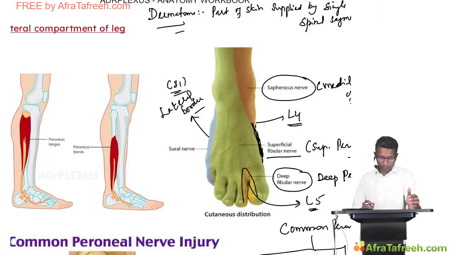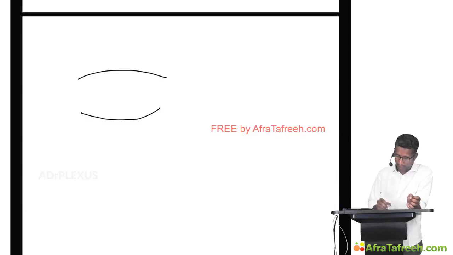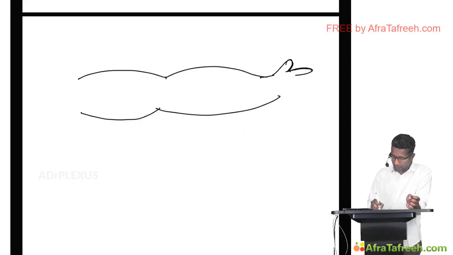If you want to add a few things on the dermatome, take the hand region. Let us consider this is the arm, this is the forearm, this is the thumb, index finger, middle finger, ring finger, and little finger.